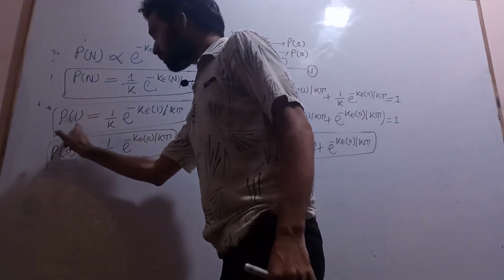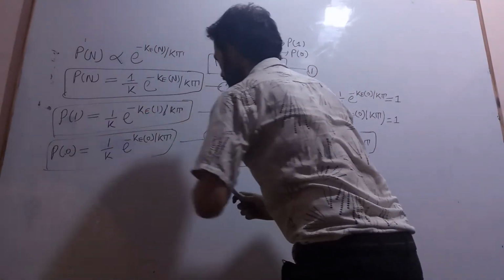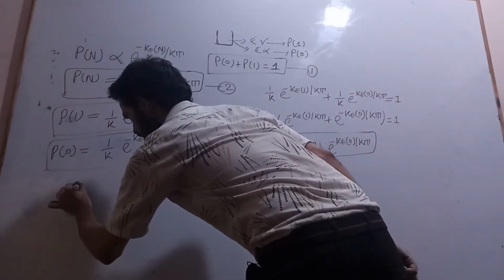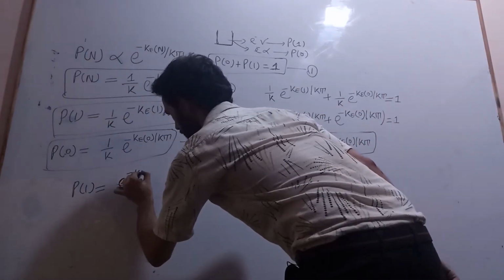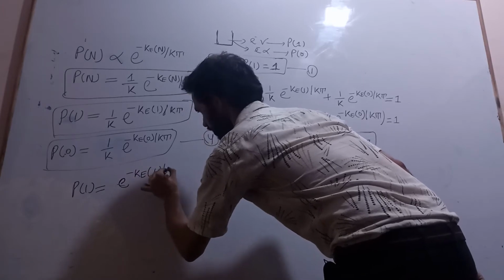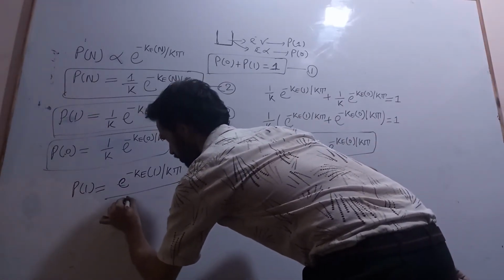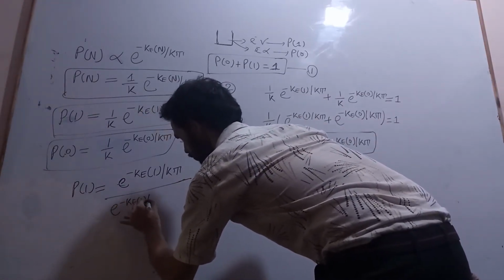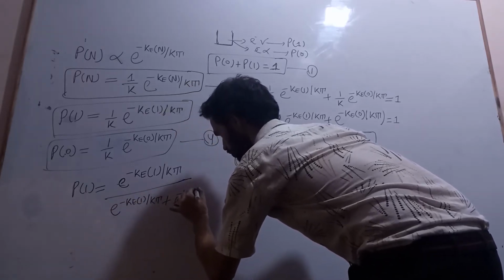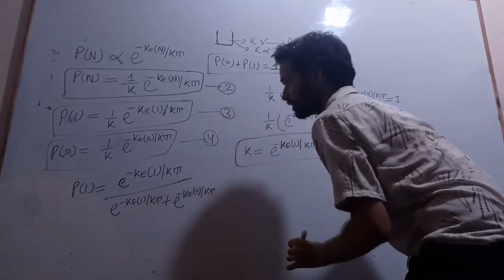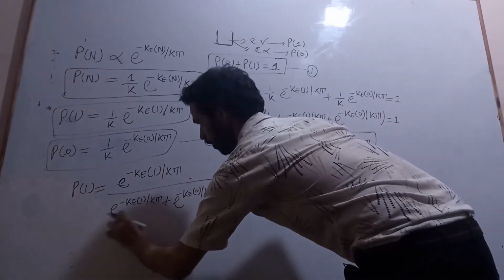P of 1 is the probability that the given particular quantum state is occupied by an electron. Therefore p of 1 is equal to e to the power minus ke of 1 divided by kt, divided by the value of k, that is e to the power minus ke of 1 divided by kt plus e to the power minus ke of 0 divided by kt. So this is my value of p of 1. Let us take this term common.